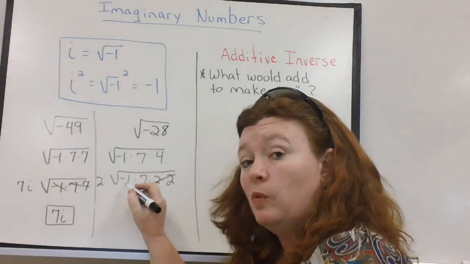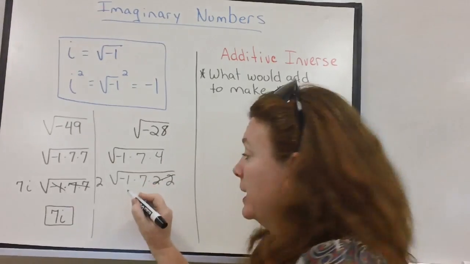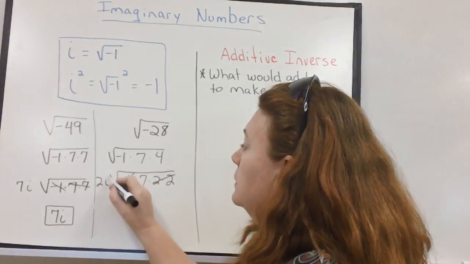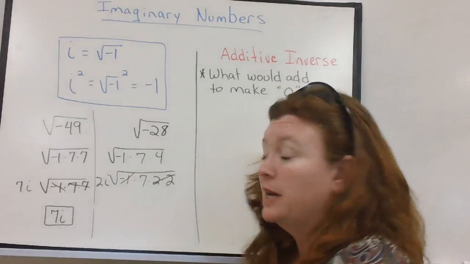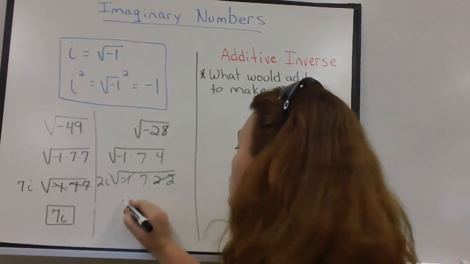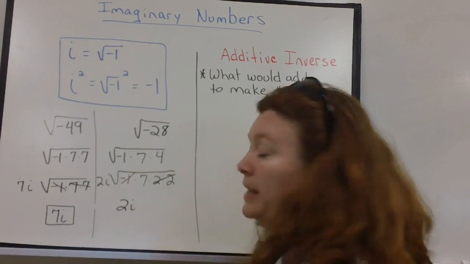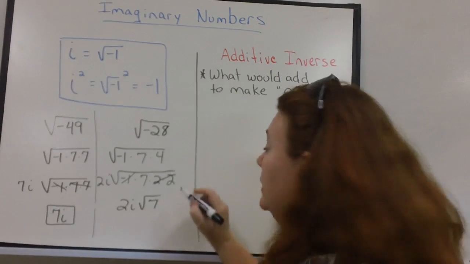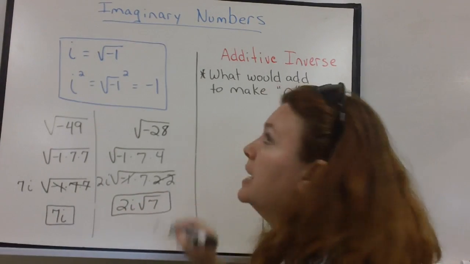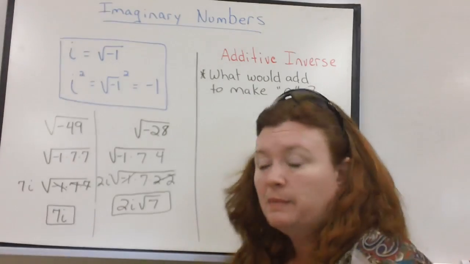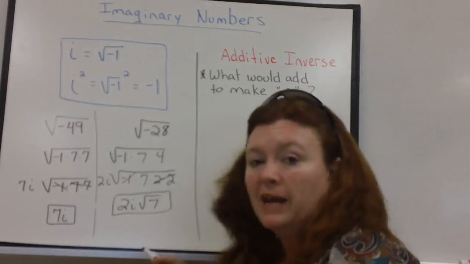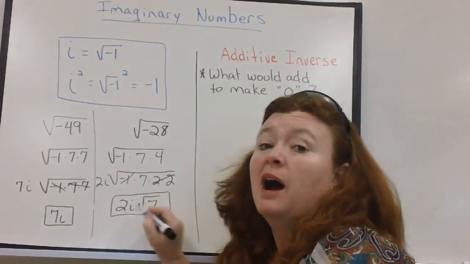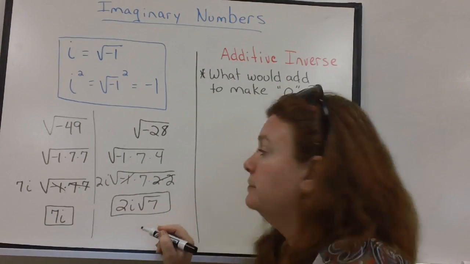But I do have a -1, and whenever you see a square root of -1, you can cross it off and write an i on the outside. So what's left? I have a 2i on the outside, and I still have a square root of 7. This is almost identical to what we did last semester with simplifying radicals. It's just that now we have that i in there that we have to take care of.